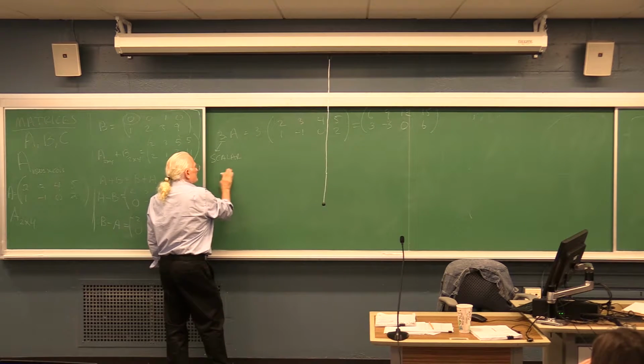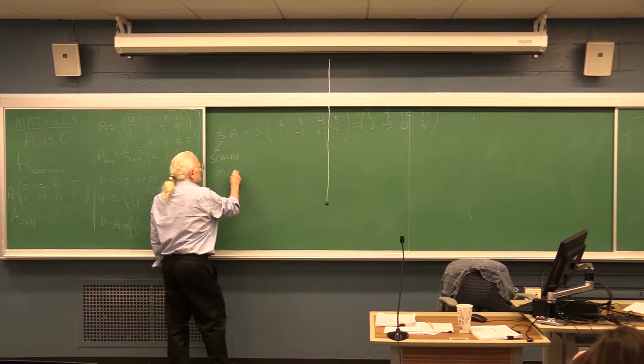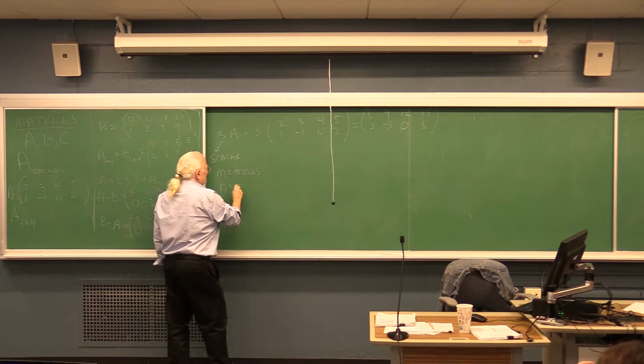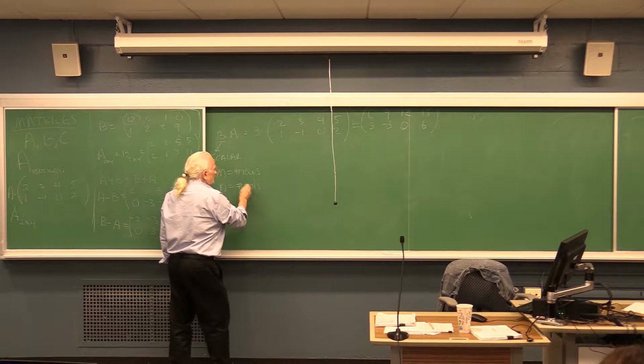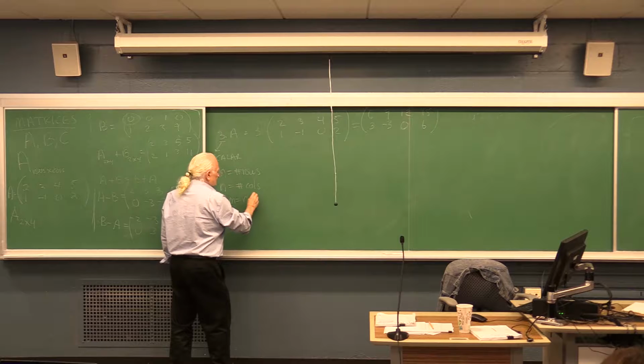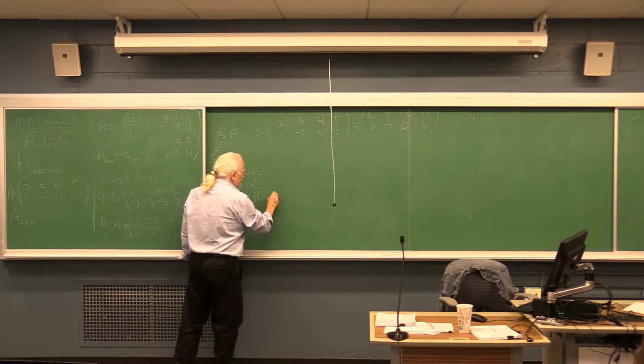So m will be the number of rows, n is the number of columns. If m equals n, then we have a square matrix.